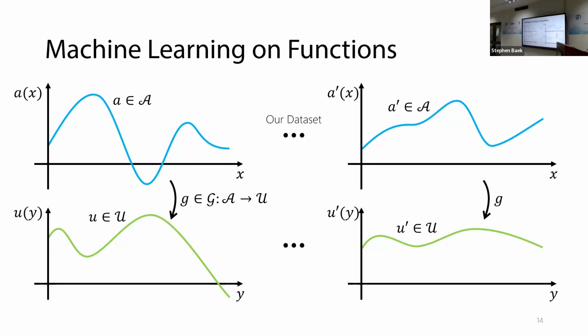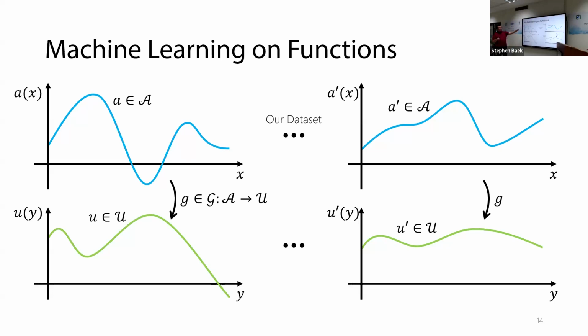So here's how they achieve that kind of continuous mapping. If we simplify the problem into one-dimensional functions, we have a one-dimensional domain X, and then we have a function defined. Here we're talking about something sort of similar to the permeability, the Darcy flow problem, where we have the parameter defined as the blue curve, and from that blue curve, we want to be able to predict, say, the pressure distribution, which is the green curve.